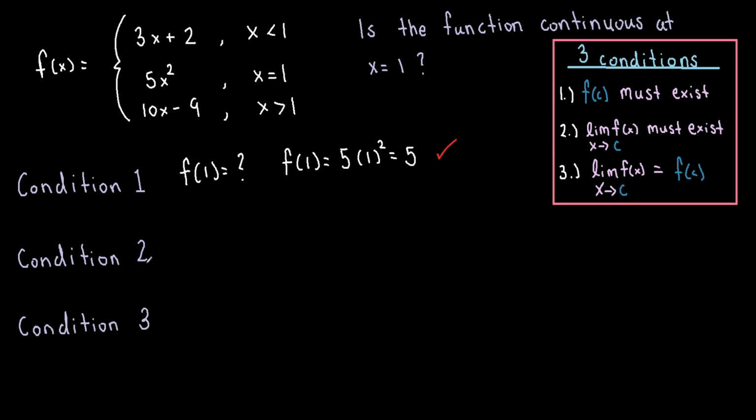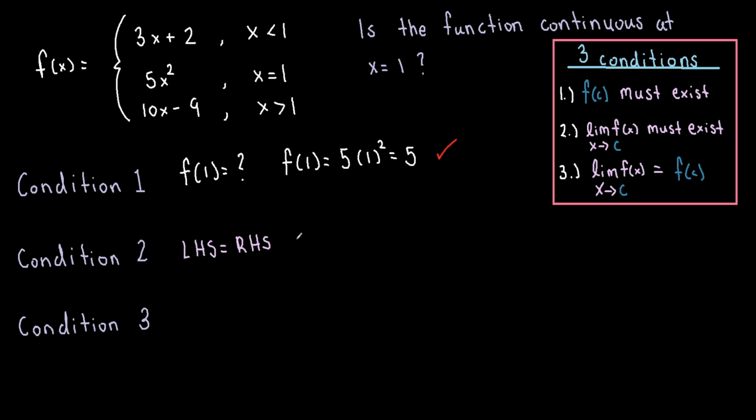Now let's look at the second condition. The second condition states that the limit of f of x as x approaches c must exist. And we know that in order for a limit to exist, the limit from the left-hand side must equal the limit from the right-hand side.